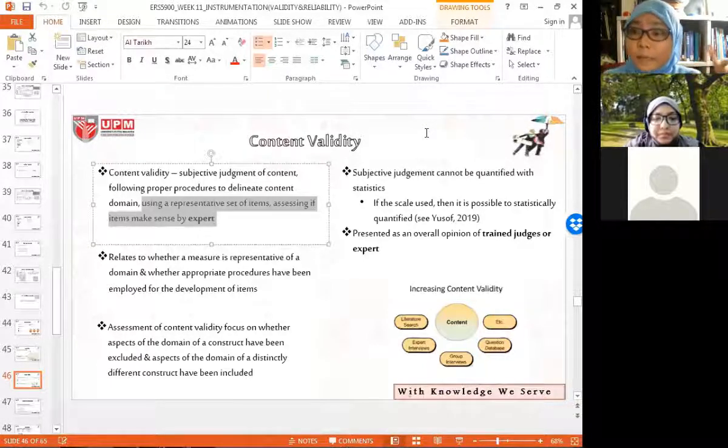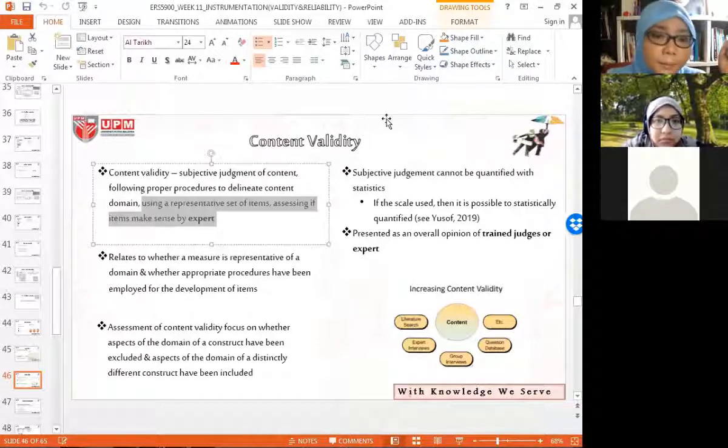Ini biasanya yang saya akan buat during our lab session later. So maksudnya, based on your Excel sheet tu, based on your operational definition, I will make sure that every item indicated under your operational definition ni is aligned with the item.